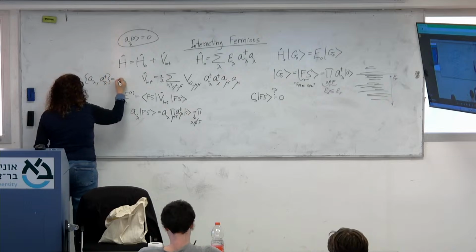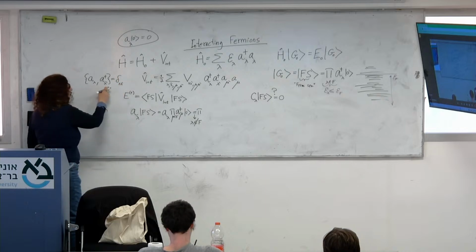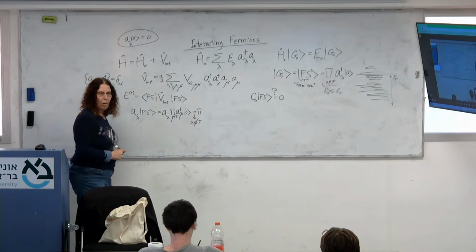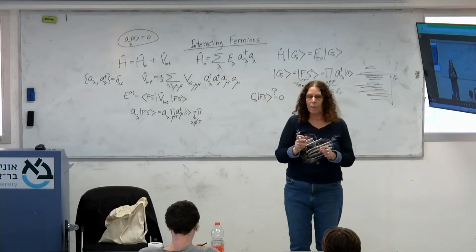this is equal to delta lambda lambda prime, and if lambda is different from lambda prime, the right-hand side is simply 0, and therefore when you exchange them, you just pick up a minus sign.